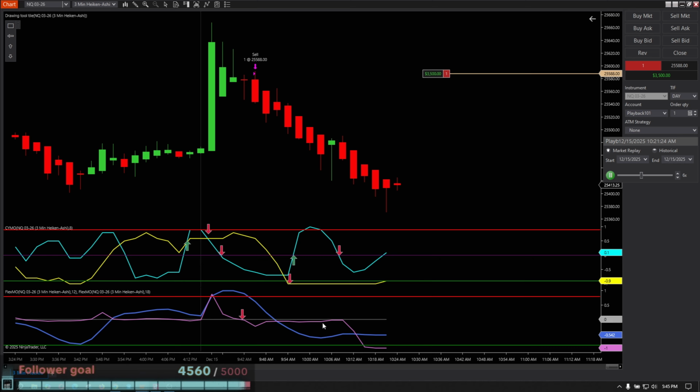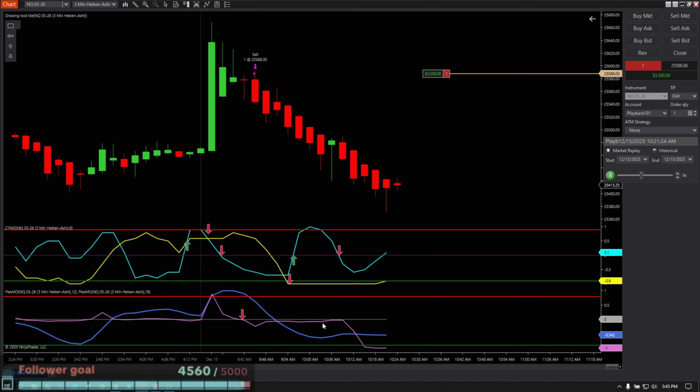You had cycle going up right there, and you had cycle just crossing momentum right there. Guys, that is it. This is telling you that the move to the upside is over, especially with cycle crossing below zero. This is enough to prevent you from wanting to chase this trade, thinking that price is going to go up. Price is also reflective of being exhausted right here with FlexMO. So we'll see how it plays out.